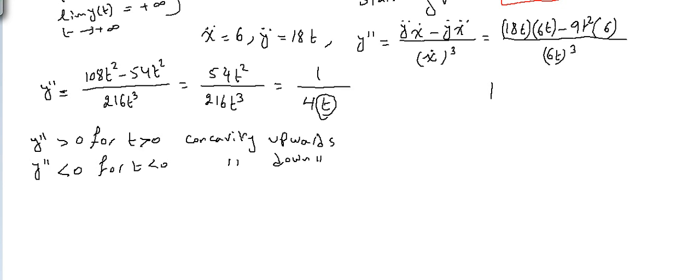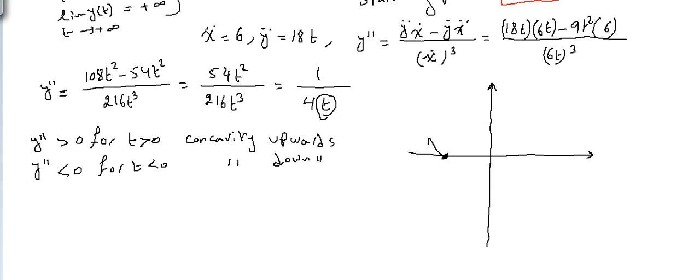I will draw fast because I'm running out of time in this video. So this is the x-axis, y-axis. We have a stationary point at minus p, 0. P is a non-negative number, so minus p is somewhere from 0 to minus infinity. We don't know where, but this is a negative number.